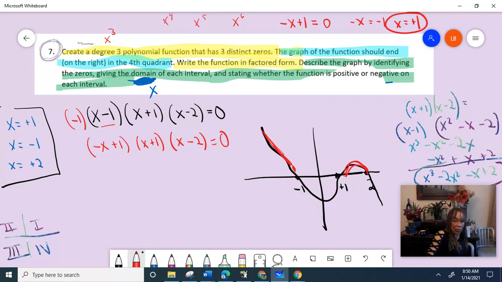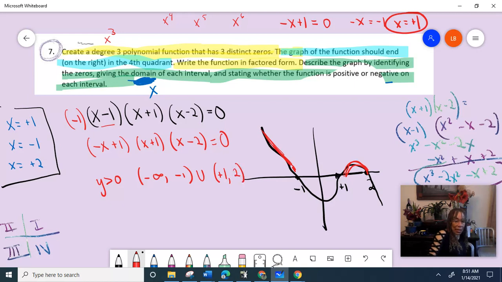So I'll just write down those domains. So y is greater than 0 for -infinity to -1, union, and don't worry about it, +1, all soft brackets, to +2. You don't have to write the positives.